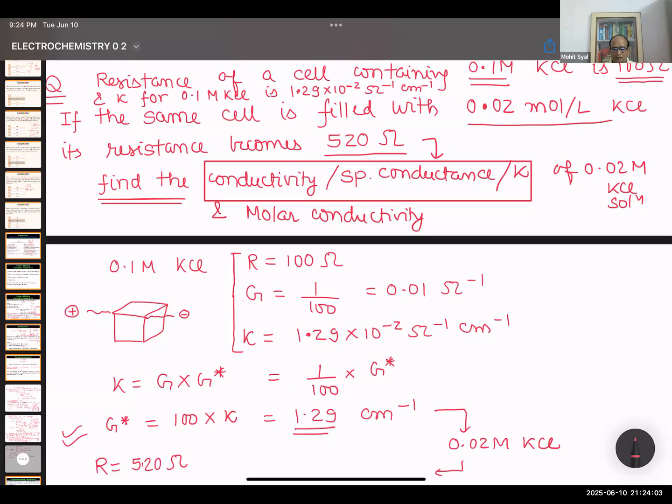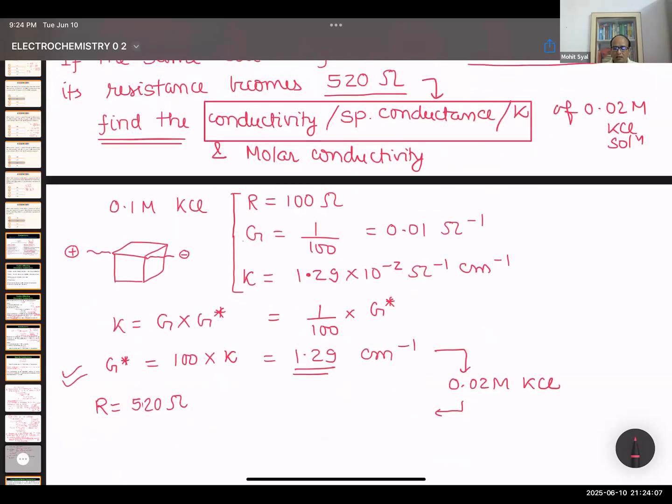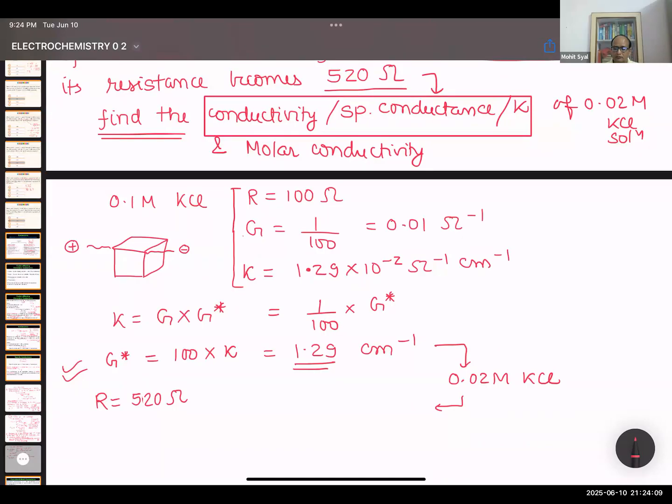The cell constant we know. Now, what is kappa?